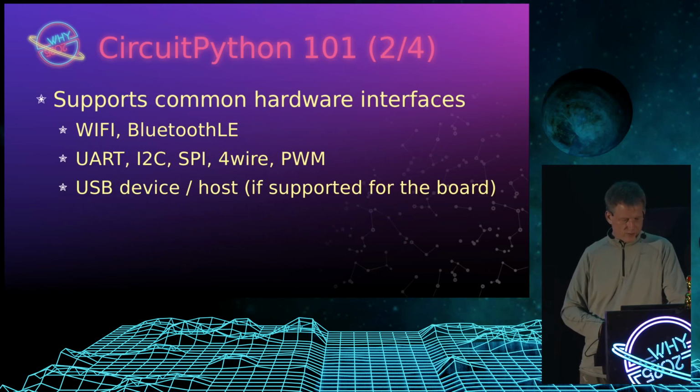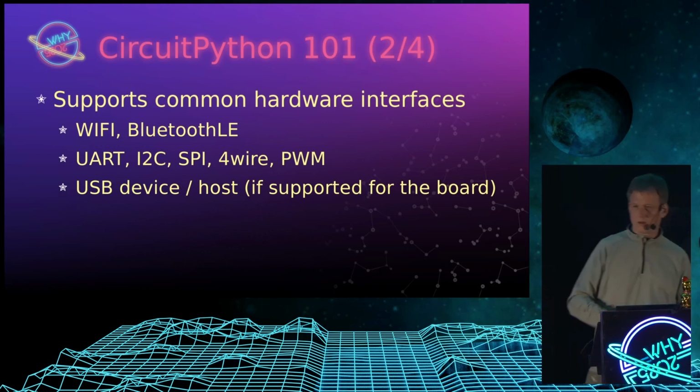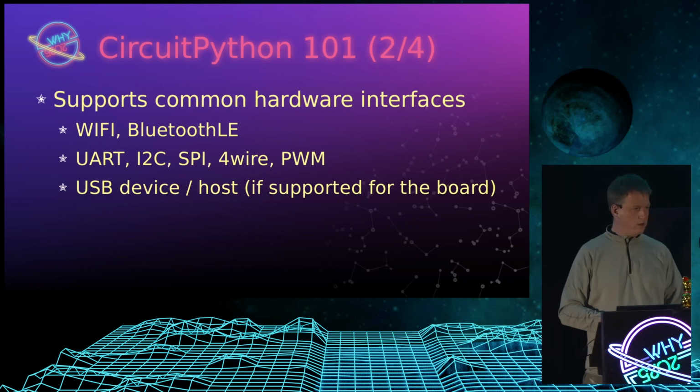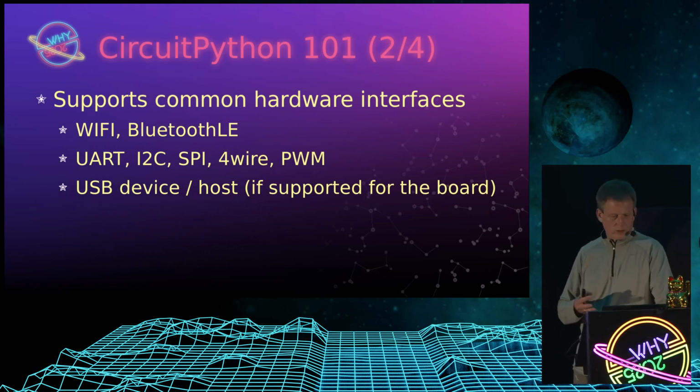Just as with MicroPython, CircuitPython supports all the common hardware that you find in current microcontrollers. So you have the Wi-Fi, Bluetooth LE, which is Bluetooth by name, but really it isn't really Bluetooth. It's just a sibling, low energy.